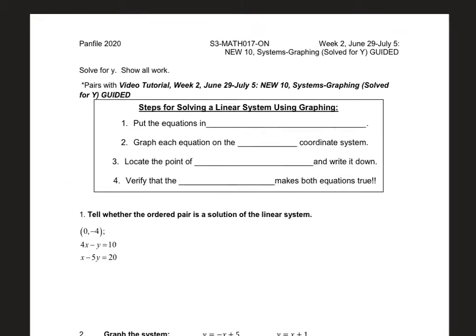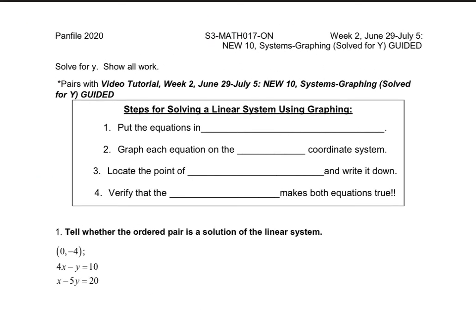All right, so steps for solving a linear system using graphing. First, we want to put the equations in slope-intercept form, which is y equals mx plus b.